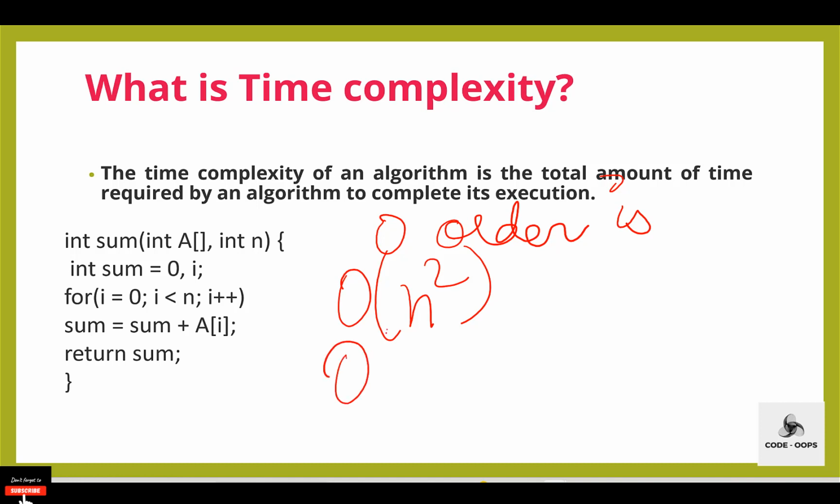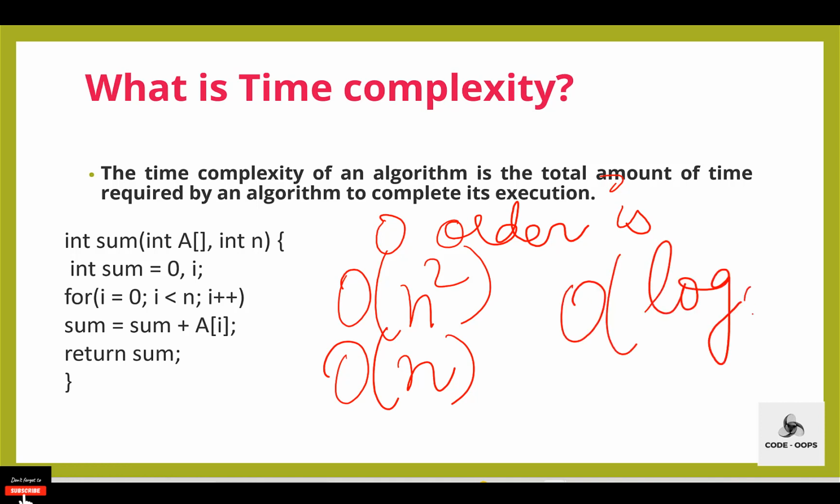And big O of n means going and asking each student individually. That is big O of n. And big O of log n: now I divide the class into two groups, then ask, is it on the left side or the right side of the classroom?